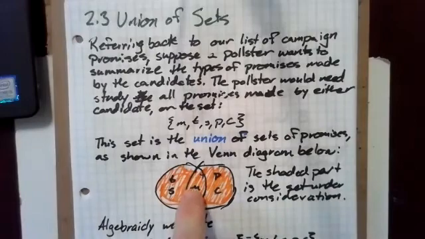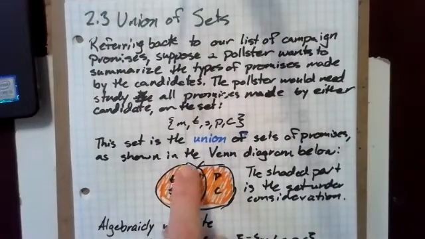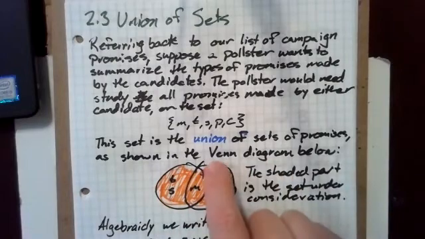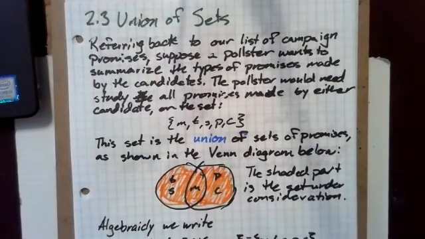So here we have the M, which was in both sets, the TS, which was in candidate one's promises, and the PC in candidate two's promises. Algebraically, we write that the set MTS union with the set MPC is the set MTSPC.